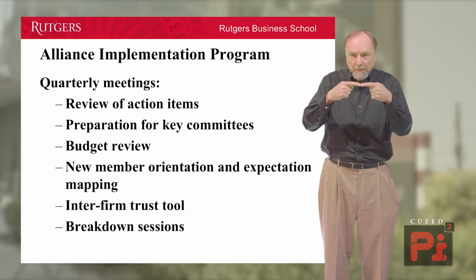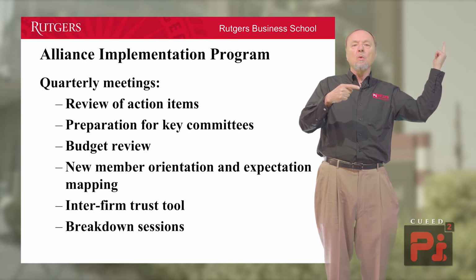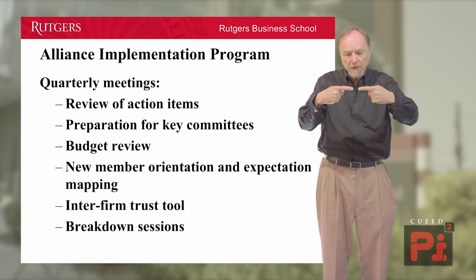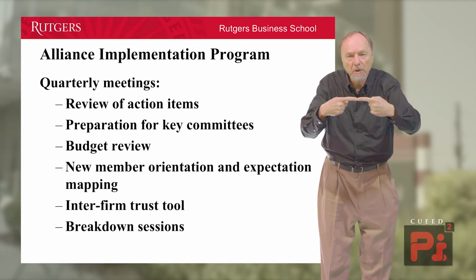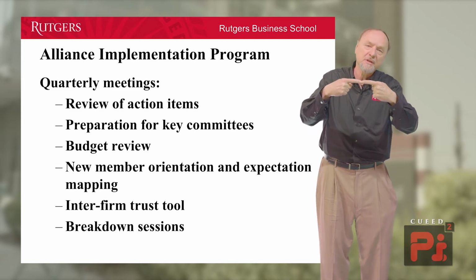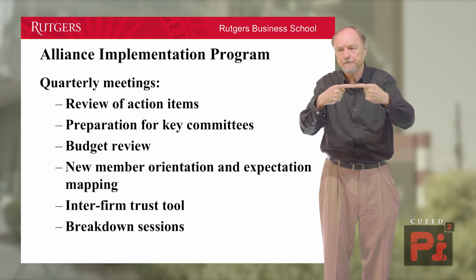What we're trying to do is reform the functional pair. If a new member's coming in, it likely means that an old member left. Well, the remaining member doesn't have a pair anymore. When the new person comes in, expectation mapping worksheets are a wonderful way to orient the new person both to the alliance itself and to his or her counterpart in the other company.